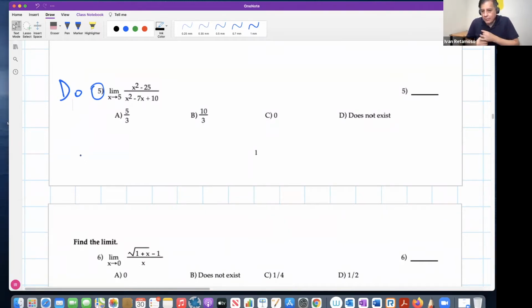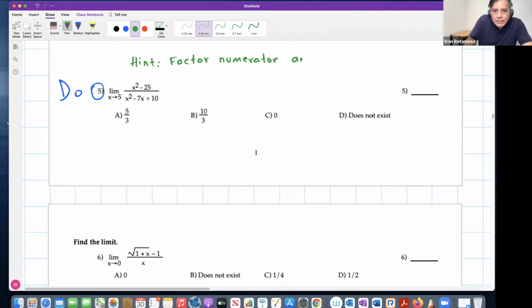Hint: factor numerator and denominator, both, and simplify.